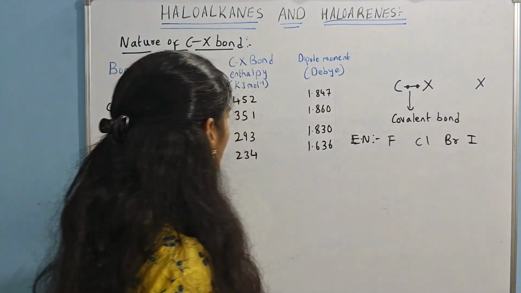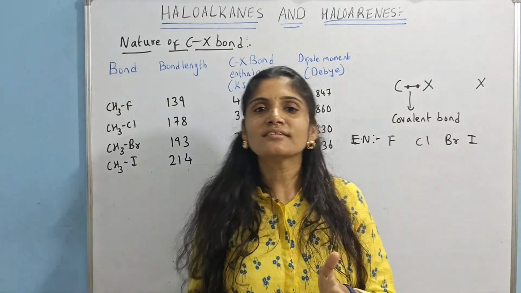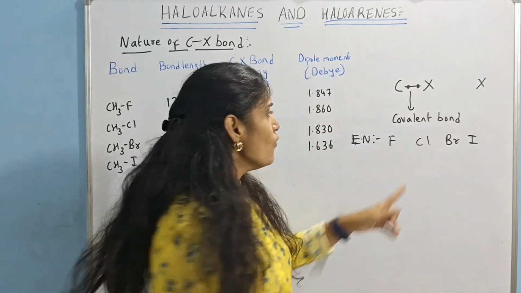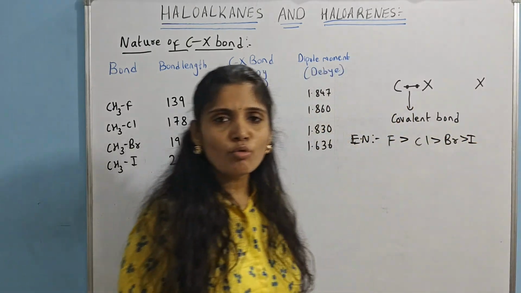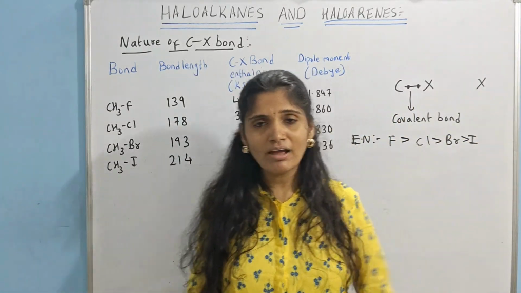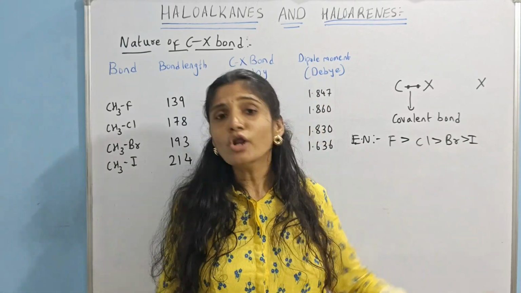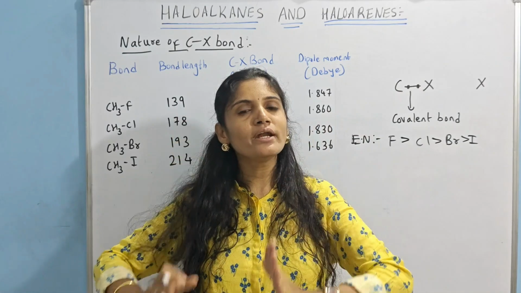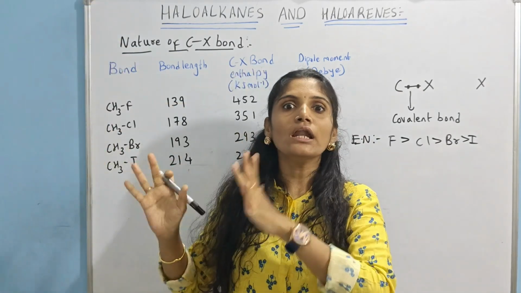You know the electronegativity decreases down the group. Fluorine will be the most electronegative element. Keeping aside that fluorine is the most electronegative element in the whole periodic table, the 17th group elements, halogens, are very highly electronegative.